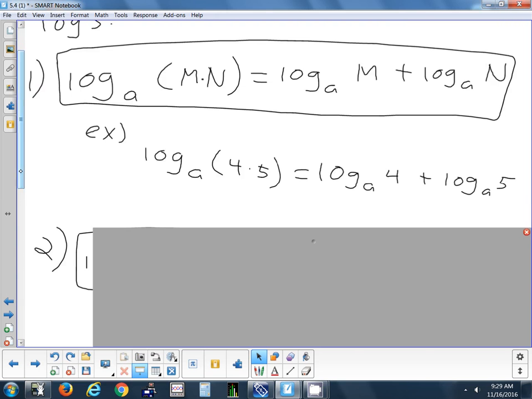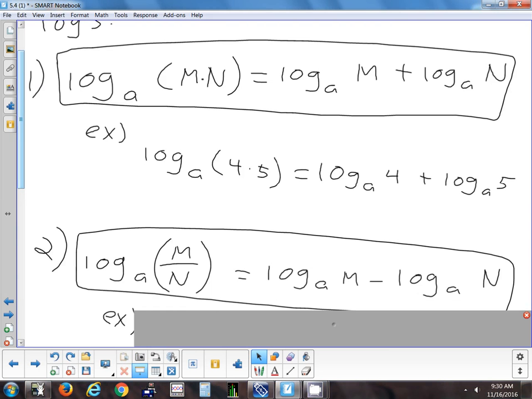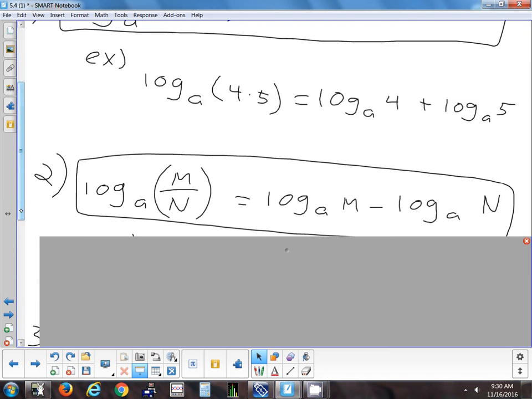Now, what do you think is going to happen with division? Yeah, it's going to split as subtraction. Yeah, very good. Now, with addition, the order is not important, because when you add two things, it doesn't matter how you do it, like if you do 2 plus 5 or 5 plus 2. But with subtraction, it does. So make sure when you split it, it's log of the top minus log of the bottom.